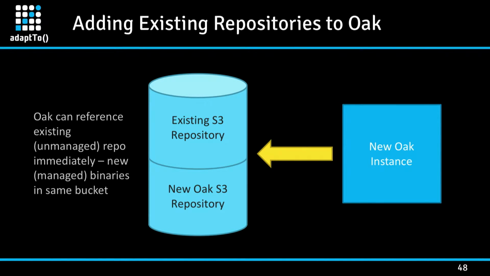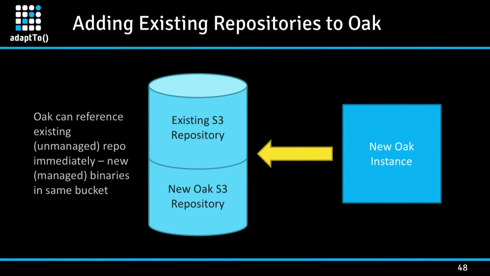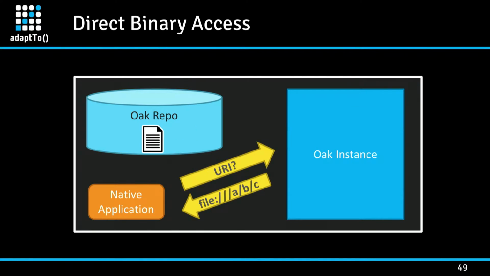In the meantime, though, you can add new binaries into that repository as managed ones. So the trade-off would be, yes, they're not managed, at least at first. You could maybe do a thing later to import them. But at least you can service requests for those right away.